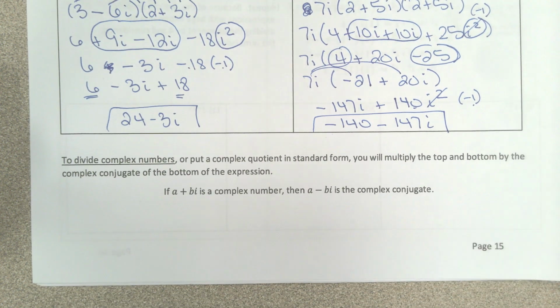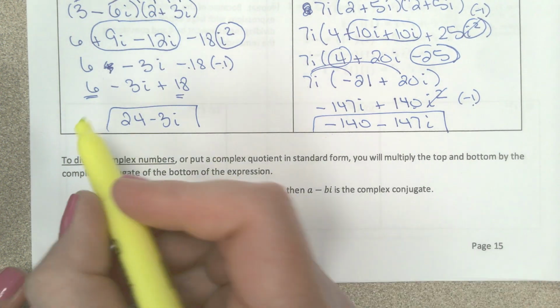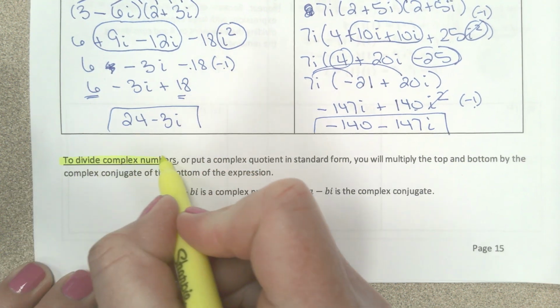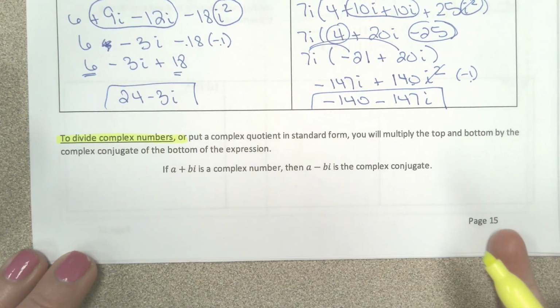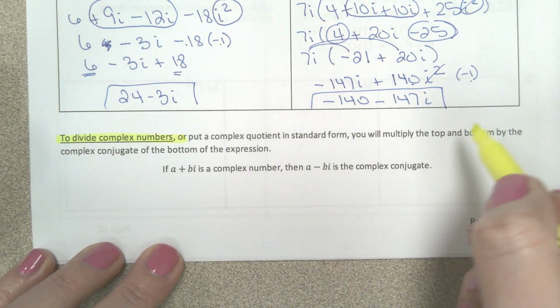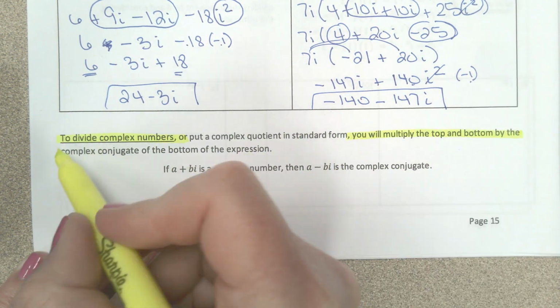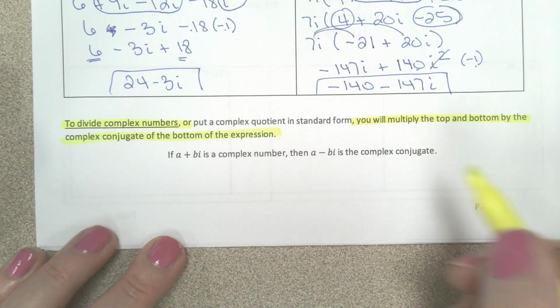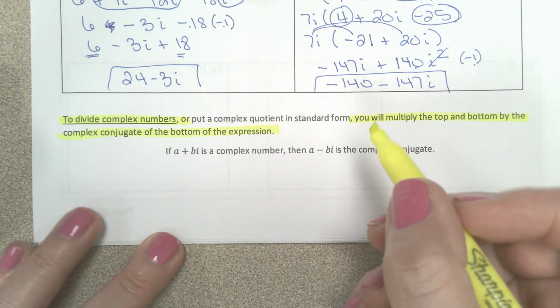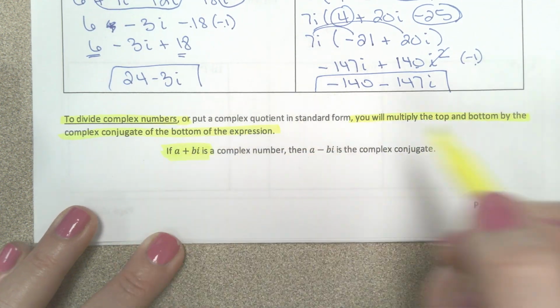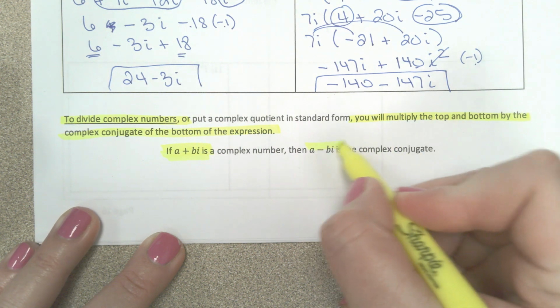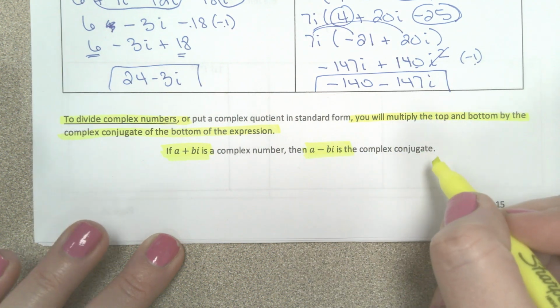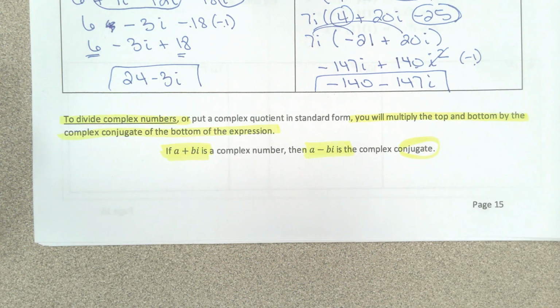We talked about conjugates yesterday before we left, and if you are dividing complex numbers, you will multiply the top and bottom by the complex conjugate. So the conjugate is the same, you just change the sign. So if you have a plus bi, then a minus bi is going to be its conjugate.